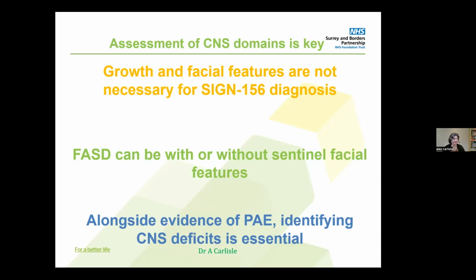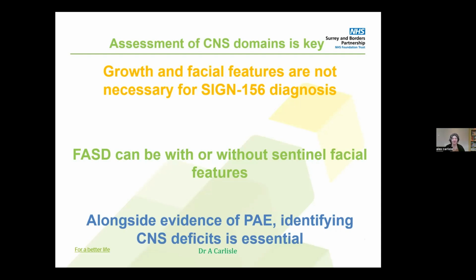So, summarizing the SIGN criteria, growth and facial features are things that can be looked at, and growth particularly used to be in the older guidelines. Facial features are still considered as part of SIGN guidance, but whether you have the facial features or not doesn't determine whether or not you have FASD. It's FASD with or without facial features, which means that the core criteria of FASD involve central nervous system domains.